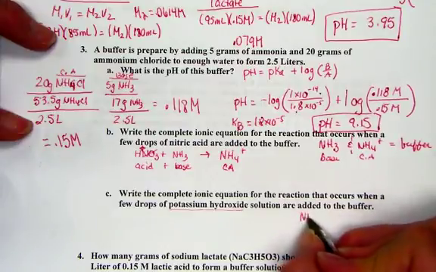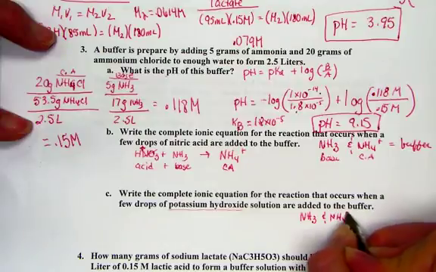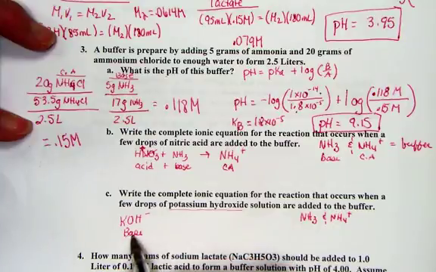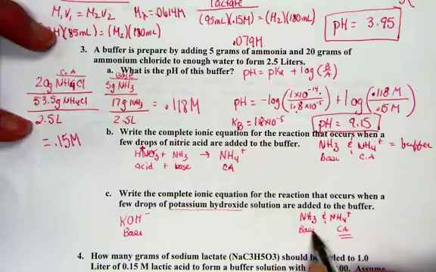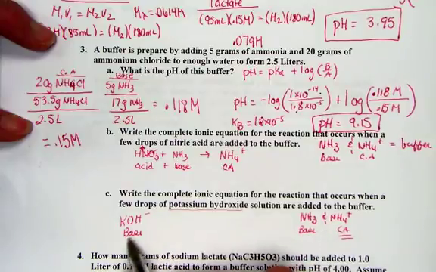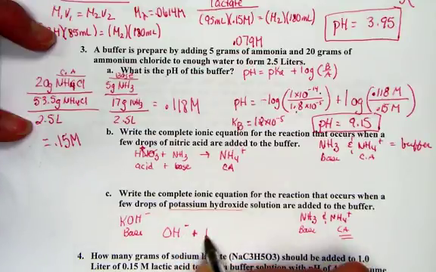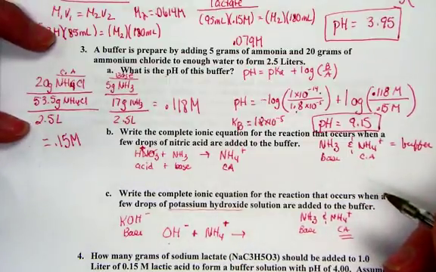And again, if the buffered partnership is ammonia and its conjugate acid ammonium, potassium hydroxide is a strong base. A base reacts with the acid in the conjugate buffered system. So let's consume hydroxide with the ammonium polyatomic ion. The base reacts with the acid from our buffered pair.